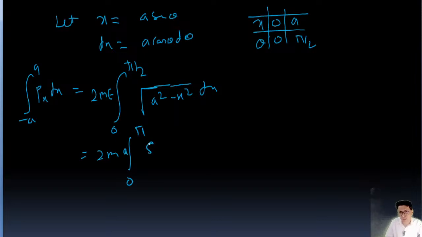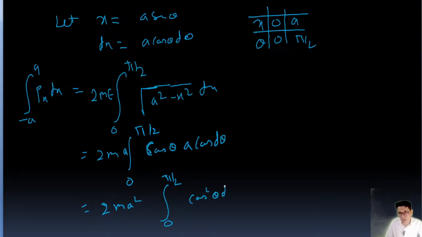This will be cos theta, and dx is a cos theta d theta. So this is going to be 2m a square, integration 0 to pi by 2, cos square theta d theta. We'll solve it further.